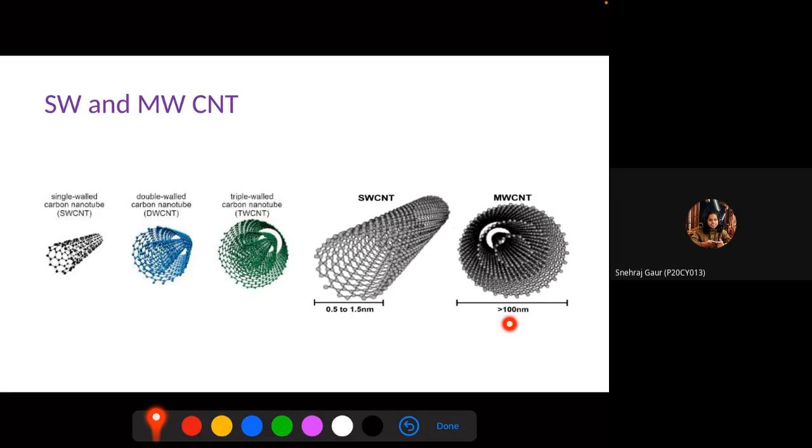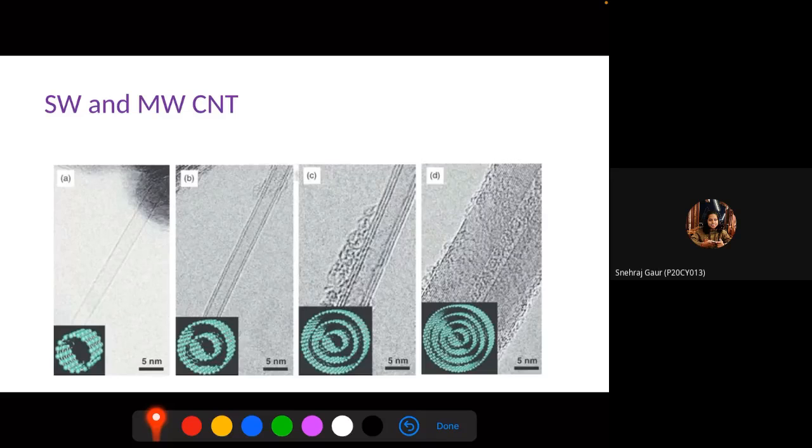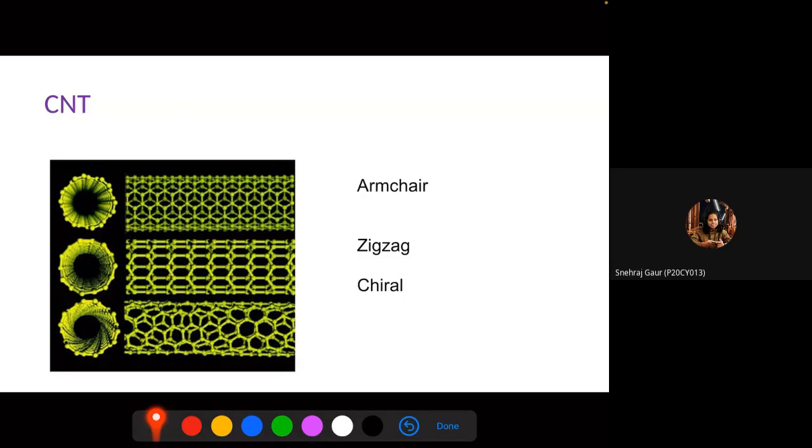So these pictures here are some high resolution TEM images, electron microscope, where you see a single wall, a double wall, triple wall, and a multi-wall carbon nanotube.